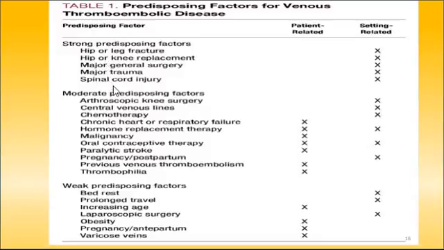Hips, major trauma, spinal cord injury, any of them put them at risk. And if you add in these other predisposing factors, and then you have the injury, you have greatly increased the risk of throwing a thromboembolism because of the clot formation.